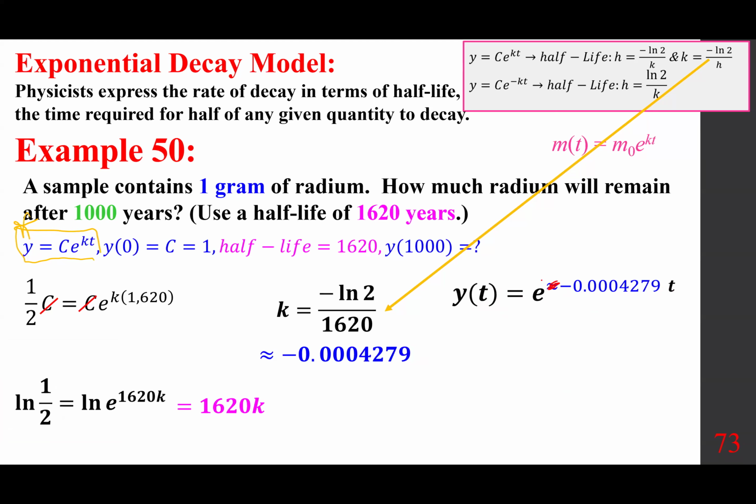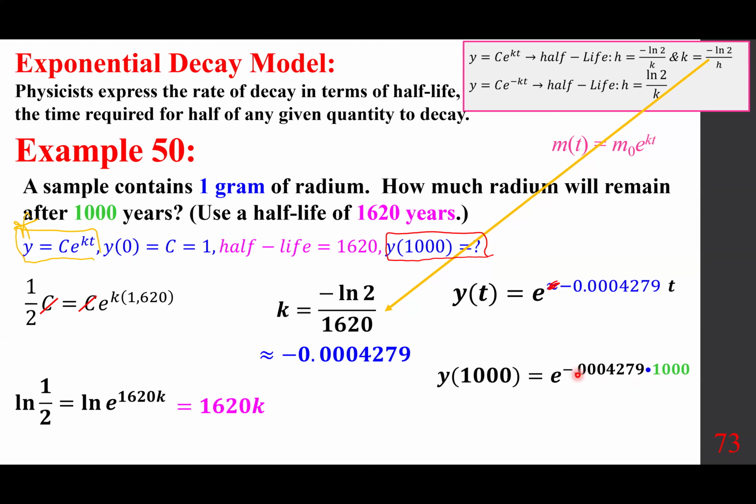And now this means replace the t with 1000. So you get e to the power of minus 0.0004279 times 1000. The product of these two will get rid of these 3 zeros after the decimal.